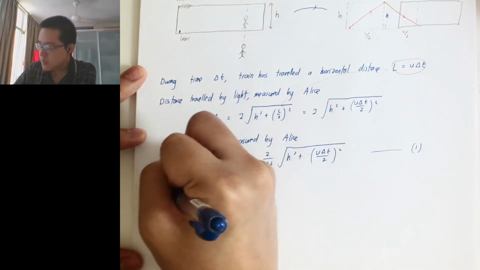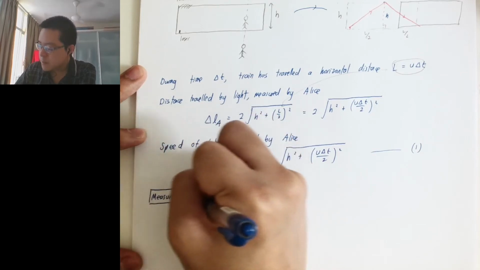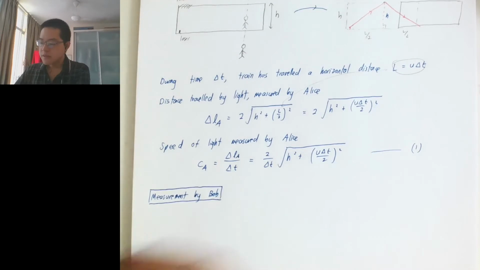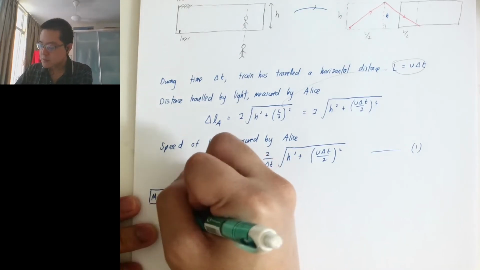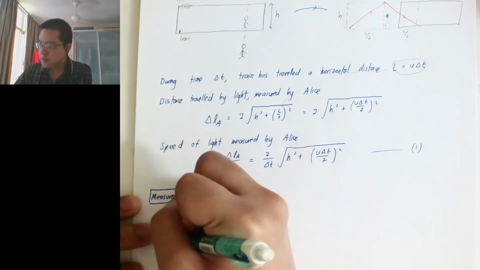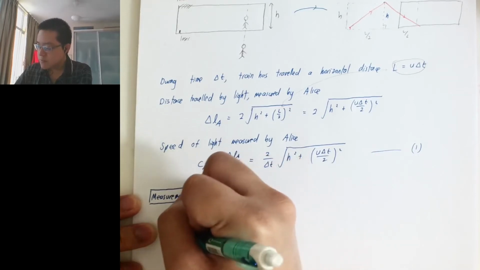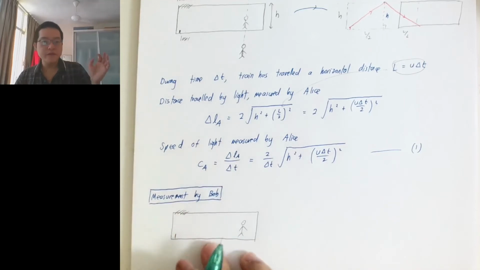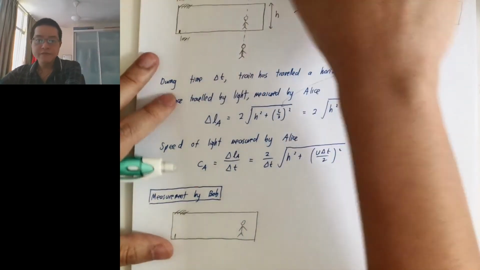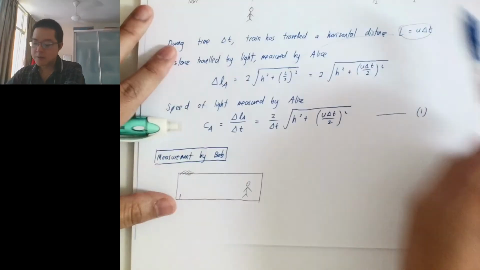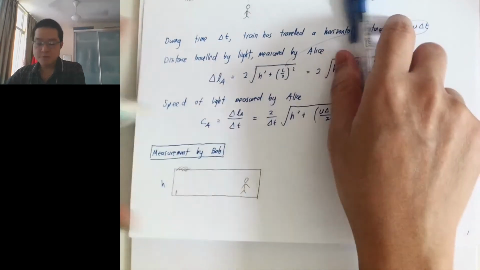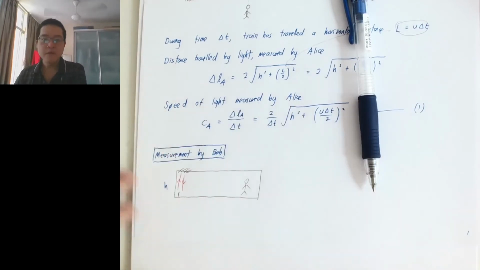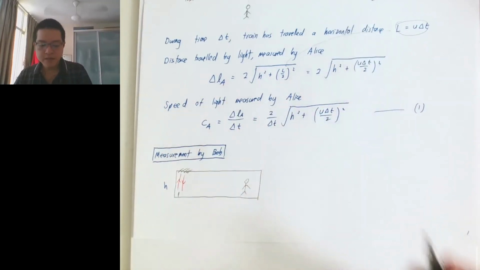Bob is very simple because Bob is on the train together with the laser, inside the train together with the laser and the mirror, and the laser and mirror are not moving relative to Bob. So the laser will just travel straight up and then come back down, right?